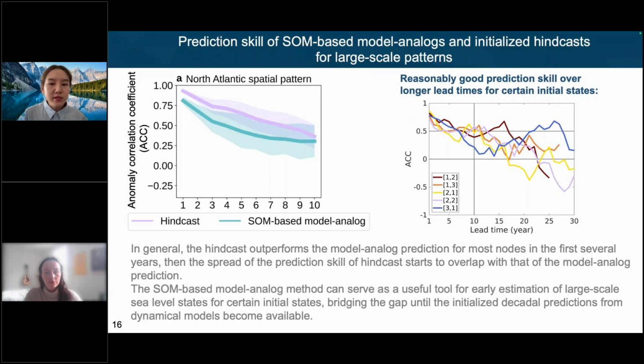For example, if you start with a very extreme AMOC state, the analogs you select will learn better where it is going, because it will go toward the neutral state. But if you start from a neutral AMOC state, it has less knowledge of where it is going.